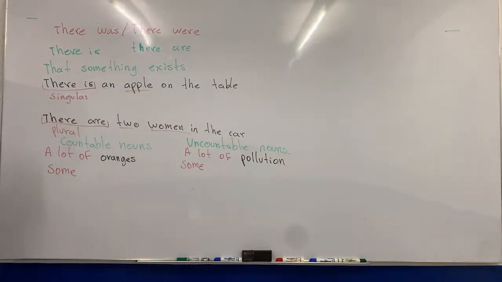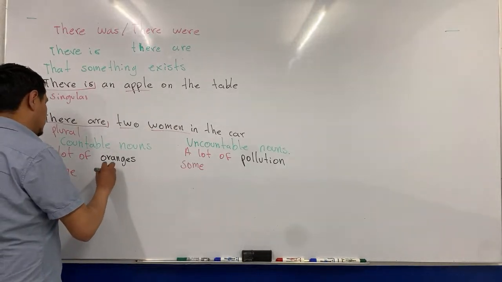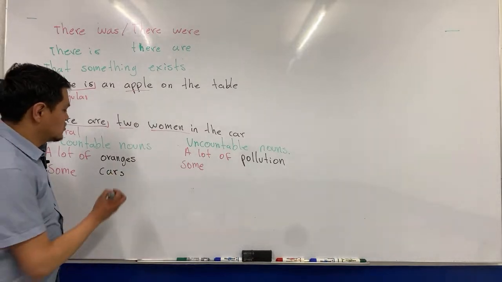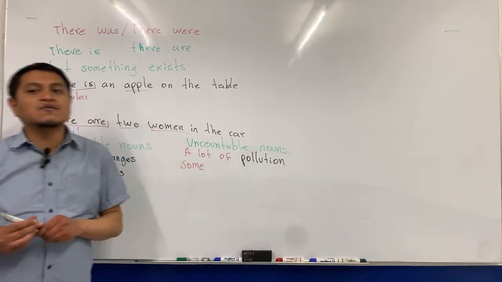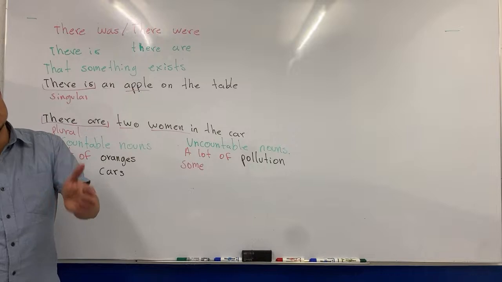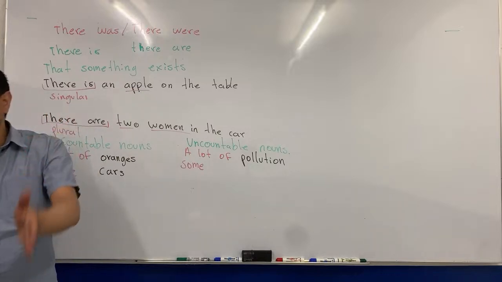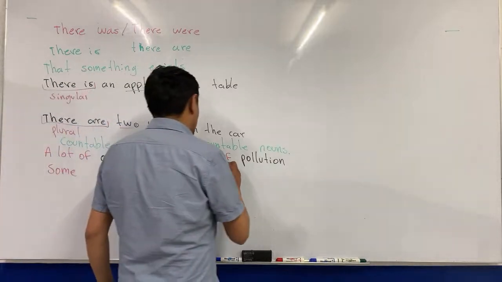Some cars, for example, one car, two cars, three cars, like Rayo McQueen, cars. And with uncountable nouns, some wine, some cheese, some bread, some water, some coffee, some sugar. In this case, some water, some wine.